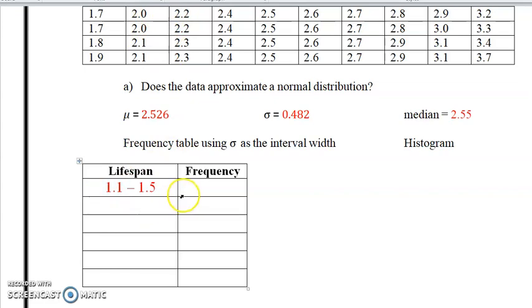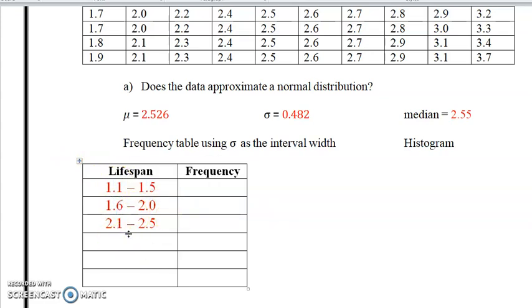And then we'll go, and again, this may be different from someone else, 1.6 up to 2.0. And 2.1 up to 2.5. And now some people will just put the 0 here and then just put the 1.5 up, but don't include it.